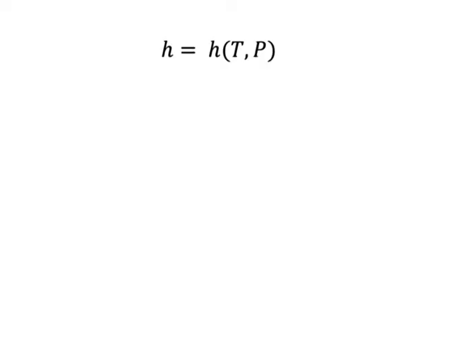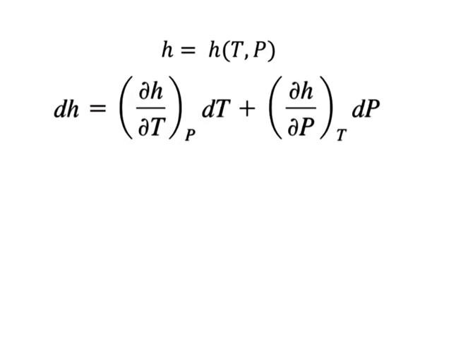Enthalpy changes. The general relation for dH is determined in exactly the same manner. This time we choose the enthalpy to be a function of T and P, that is H is equal to H(T, P), and taking its total differential we get dH is equal to partial derivative of H with respect to T keeping P constant into dT plus partial derivative of H with respect to P keeping T constant into dP.